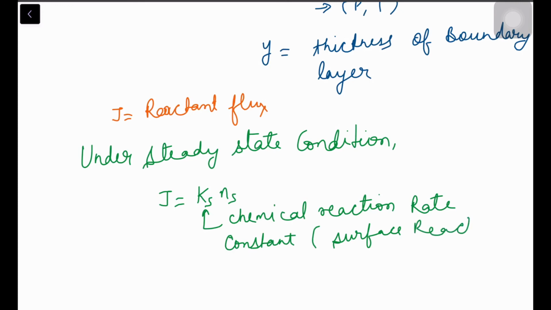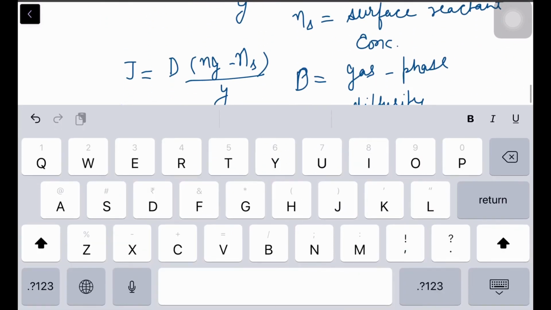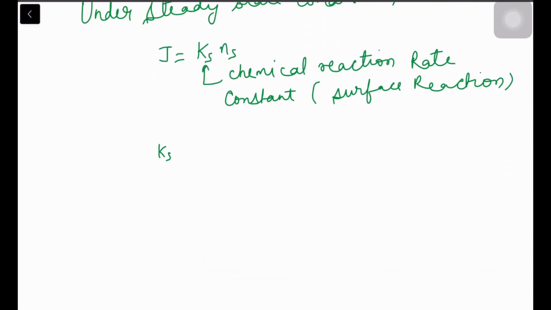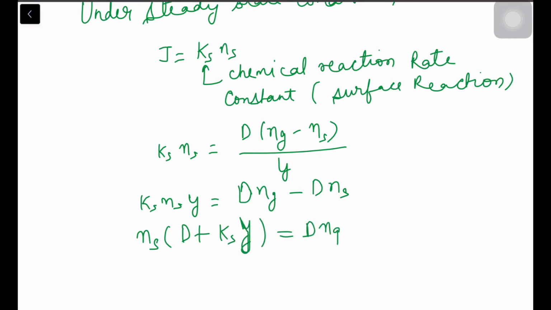So if we replace the value of J in the equation J equal to D (Ng minus Ns) upon Y, then we get the expression Ks Ns equal to D (Ng minus Ns) upon Y. So Ks Ns Y equal to D Ng minus D Ns. So Ns (D plus Ks Y) equal to D Ng.